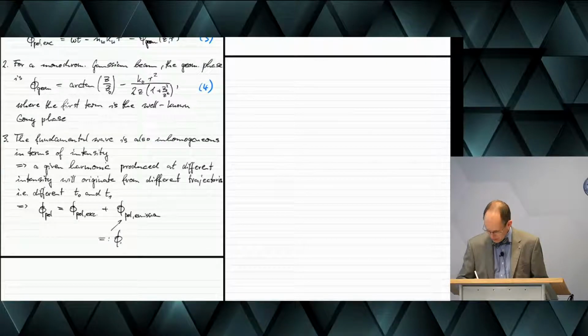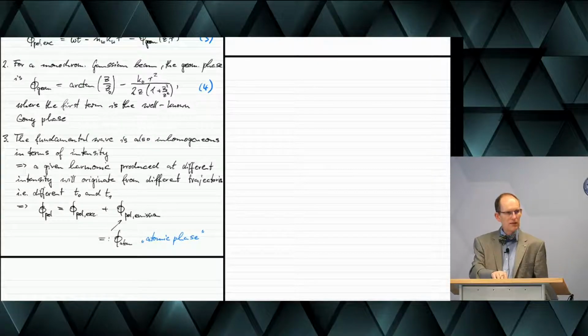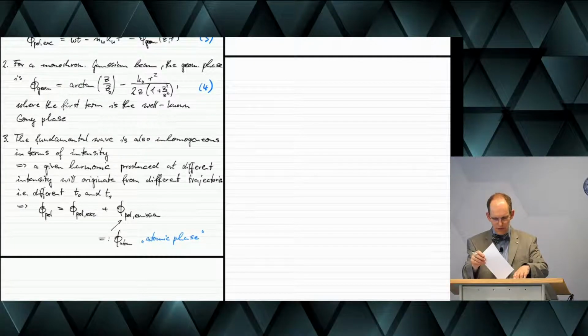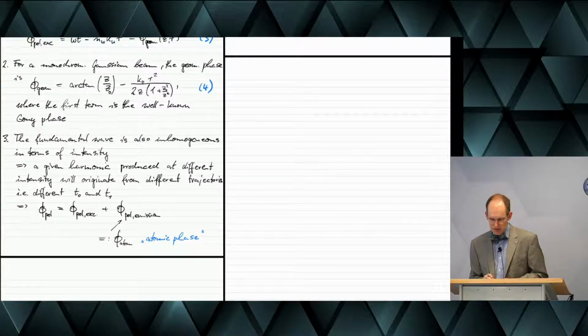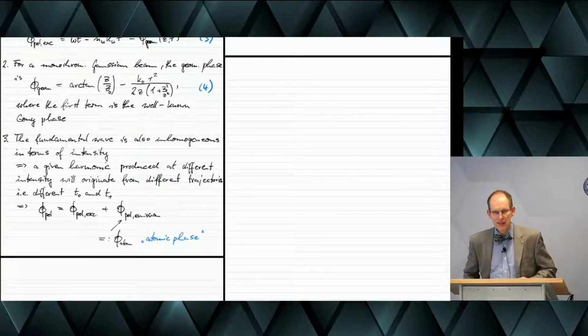And the atomic phase is kind of the most interesting one if we speak about strong field laser physics. So everything else is, from the viewpoint of strong field laser physics, trivial, more or less, but the atomic phase is not.